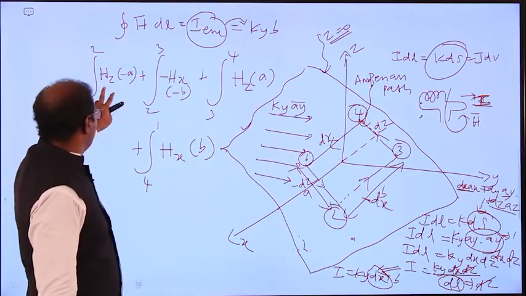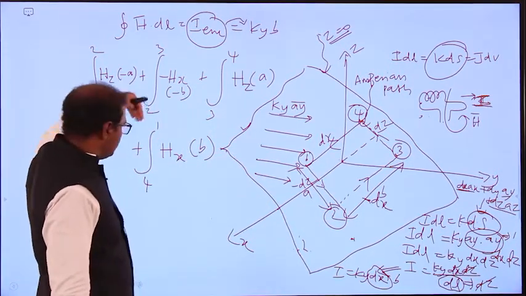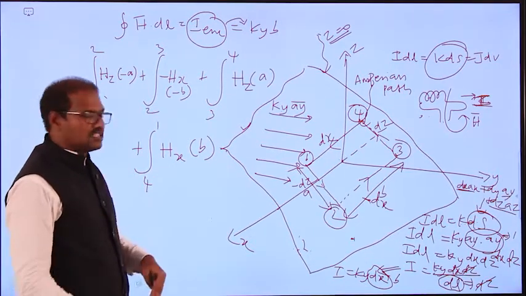Now taking 1 to 2, the magnetic intensity is moving down in the z direction.